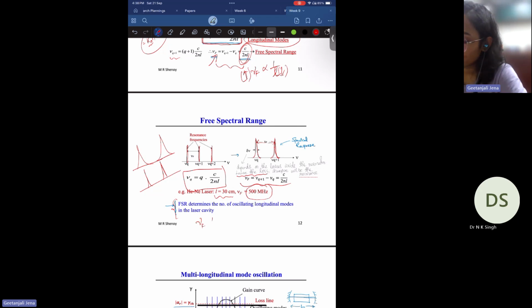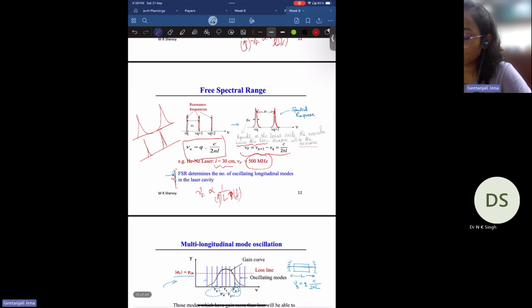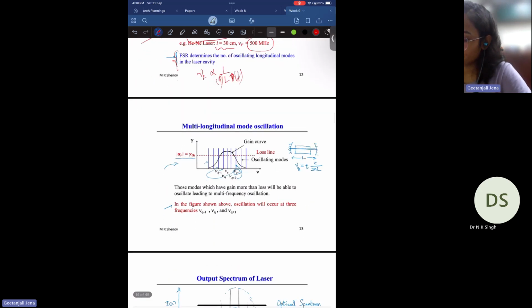Since nu F is inversely proportional to length, if you want to oscillate only one longitudinal mode, we have to decrease the length so that the separation increases. If you want multi-frequency oscillation, we have to increase the length so that the free spectral range decreases. So the free spectral range determines the number of longitudinal modes that will oscillate inside the laser cavity.